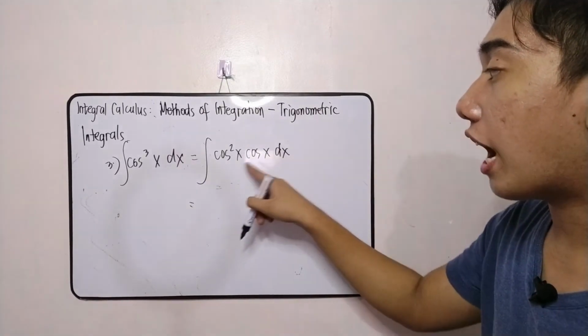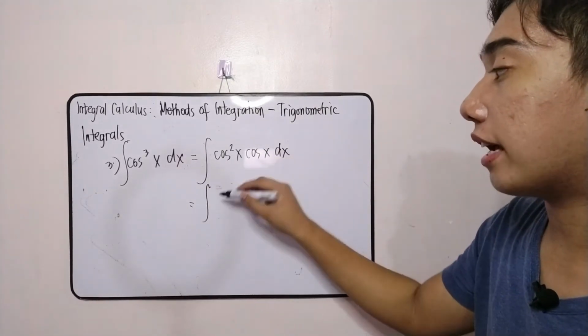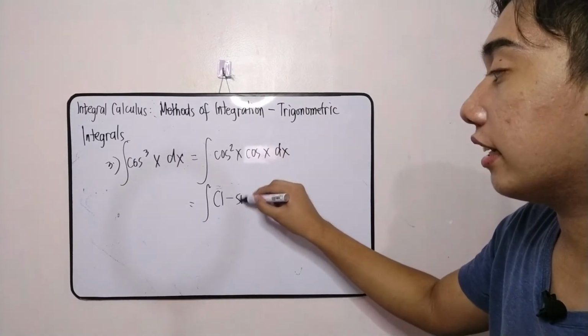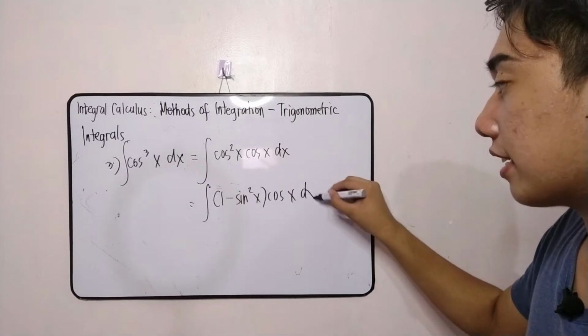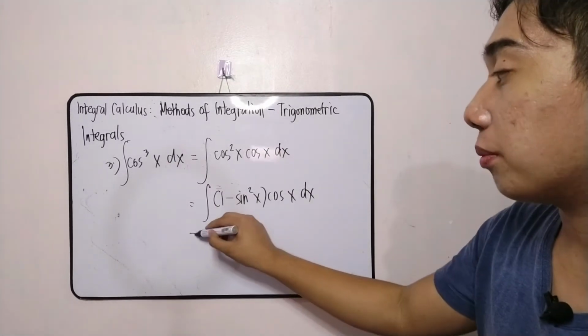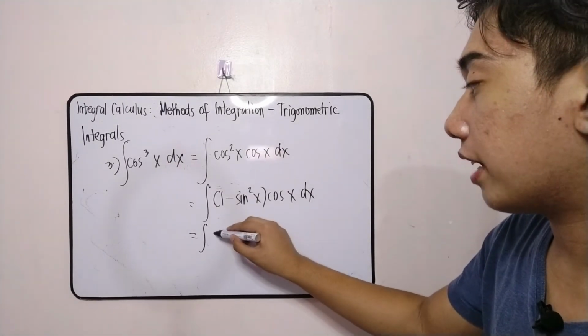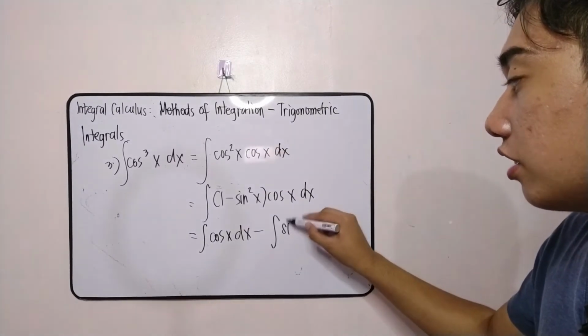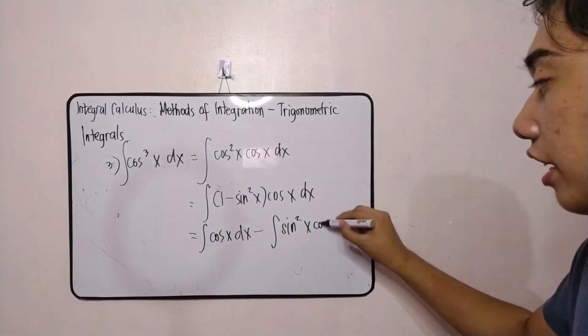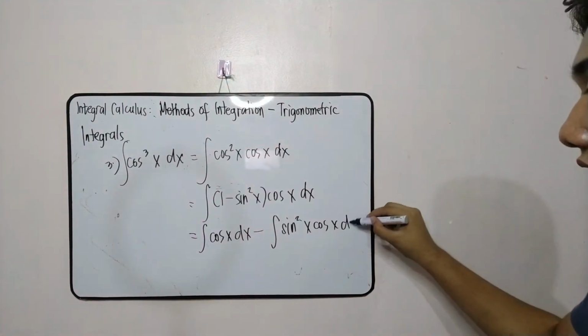If we factor out, we substitute this one by its Pythagorean identity. So, this becomes like this. And we distribute cosine x dx. So, this becomes cosine x dx minus sine squared x cosine x dx.